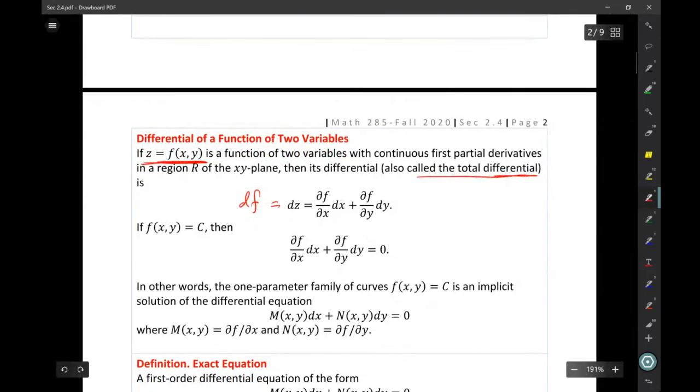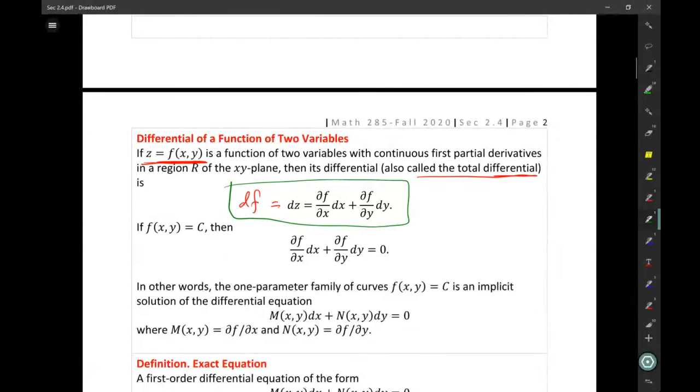This is called the total differential. But if the function f of x y is equal to a constant c, when you derive the left-hand side, the total differential becomes df by dx times dx plus df by dy times dy, and it equals the derivative of c, which is 0.